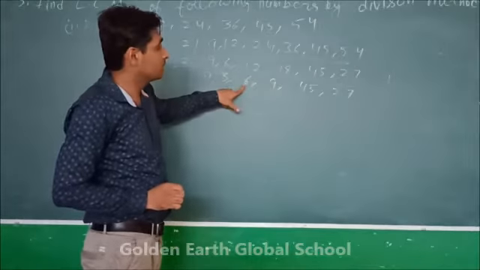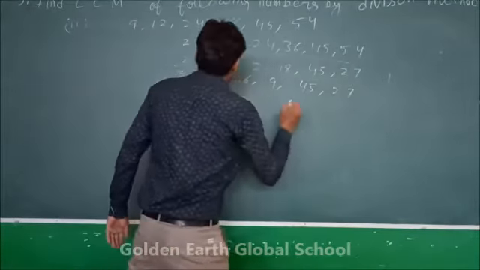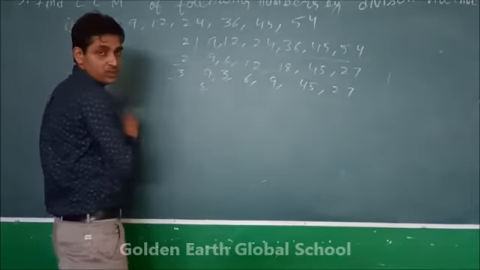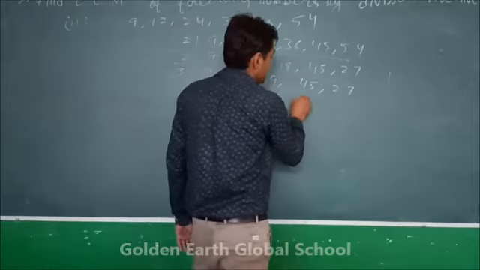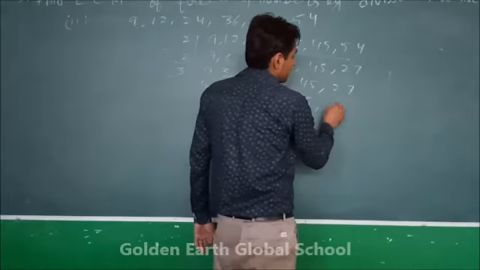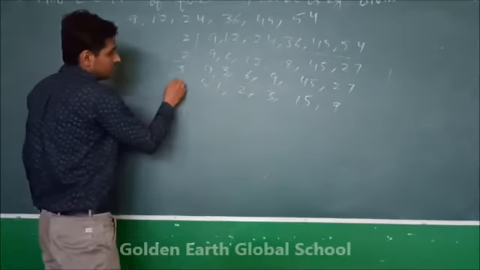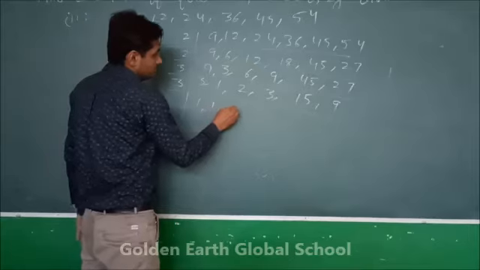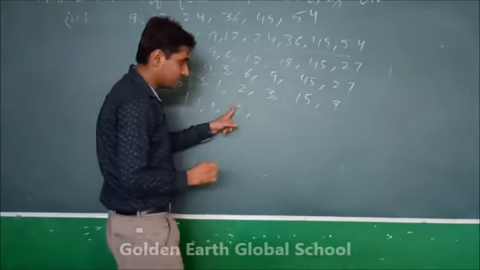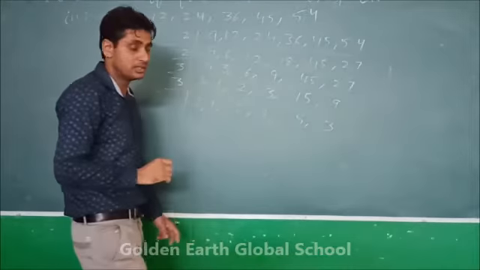Okay, so you have to take 3. Okay, so 3 3s are 9, 3 1s are 3 2s are 6, 3 3s are 9, 3 15s are 3 9s are 27. Okay, then again you have to divide with 3. Okay, 3 1s are 2, write like that. 3 1s are 3 5s are 3 3s are 9.